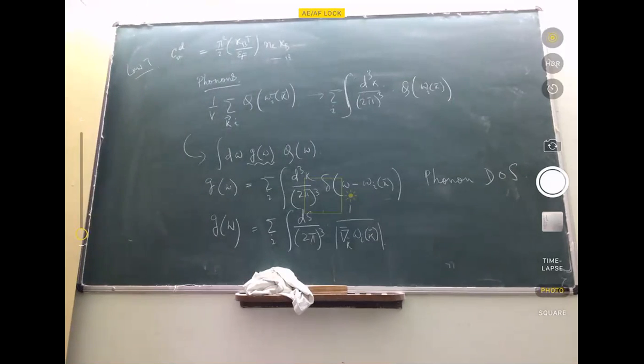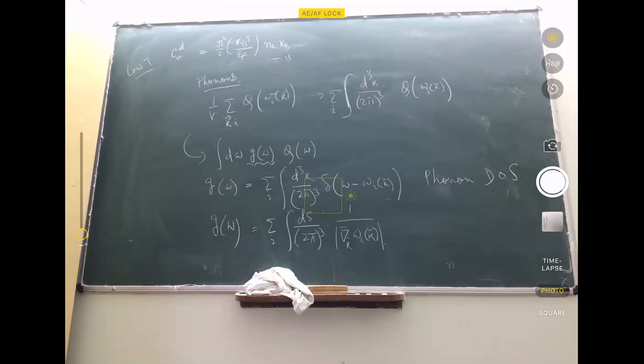And just as you encounter singularities in the electronic density of states because of the nature of the band structure, you get similar singularities in the phonon density of states, the same Van Hove singularities, because phonon energies are also bounded functions in the Brillouin zone. They have maxima, they have minima, so the k-space derivative vanishes at some points, and you have the same kind of Van Hove singularities, which can actually be observed.